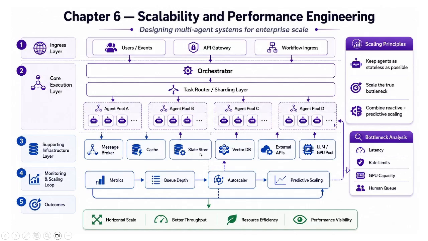You have a state store, where you can use Azure SQL Database, Azure Database for PostgreSQL, or even Azure DynamoDB. Then we have a vector database. You can use Azure Search for this, or you chunk and embed the information in a vector database. And then we have external API connections. So you can also connect to external APIs and an LLM/GPU pool.